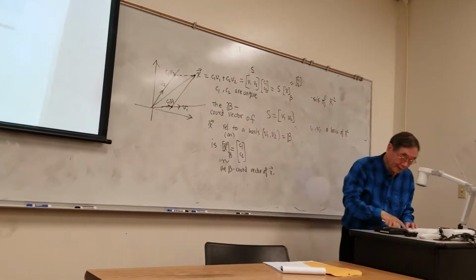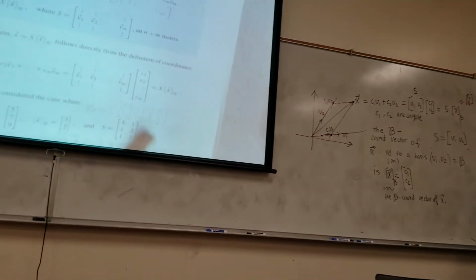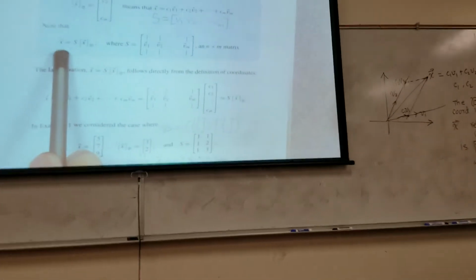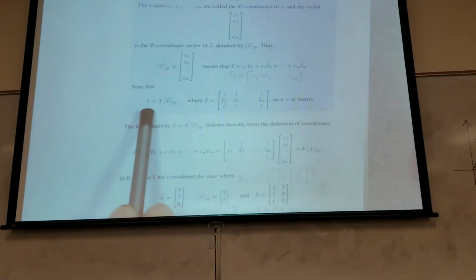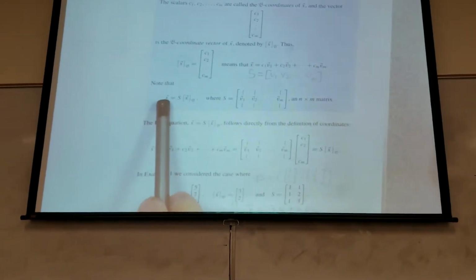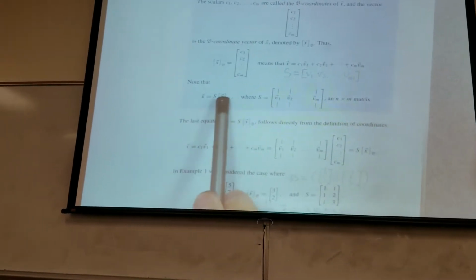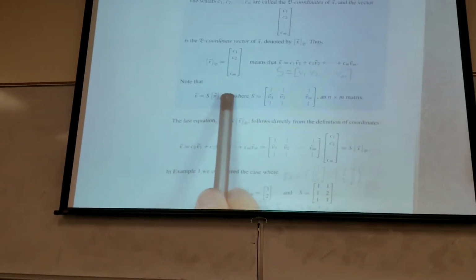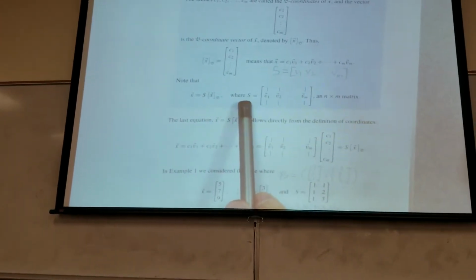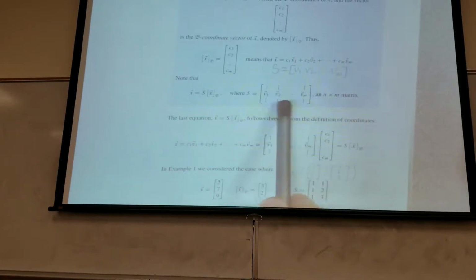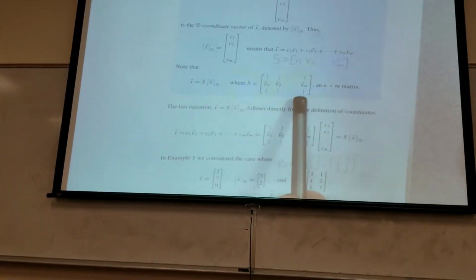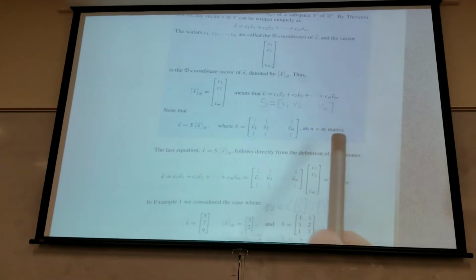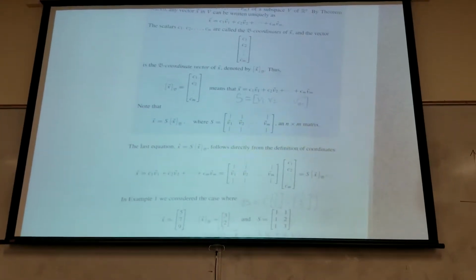So note that x is S times the B coordinate vector, okay? And S is an n by m matrix. Okay.